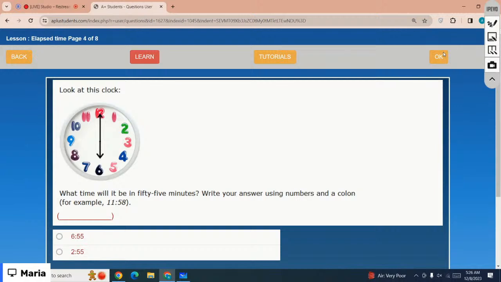Yes, that would be 6:55. Option number 1 is the correct option, right? Very good.